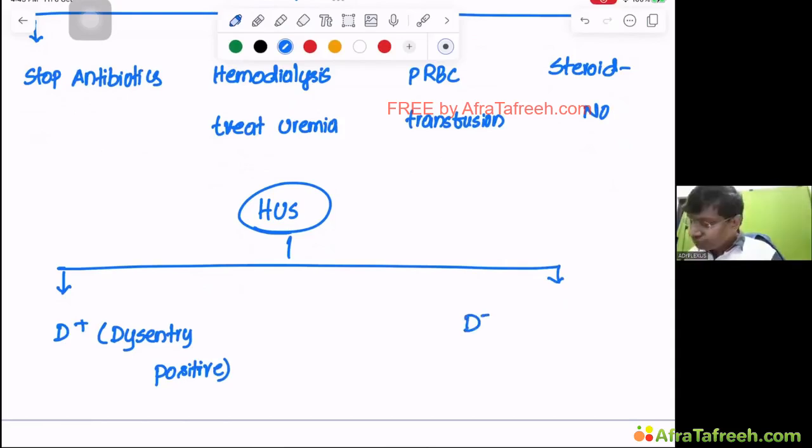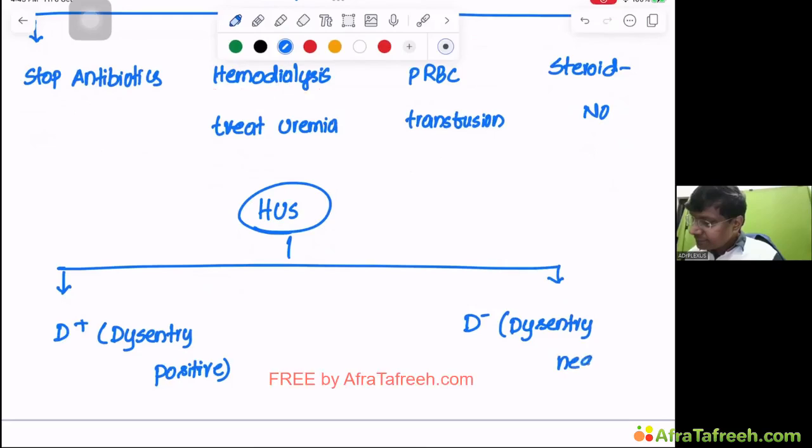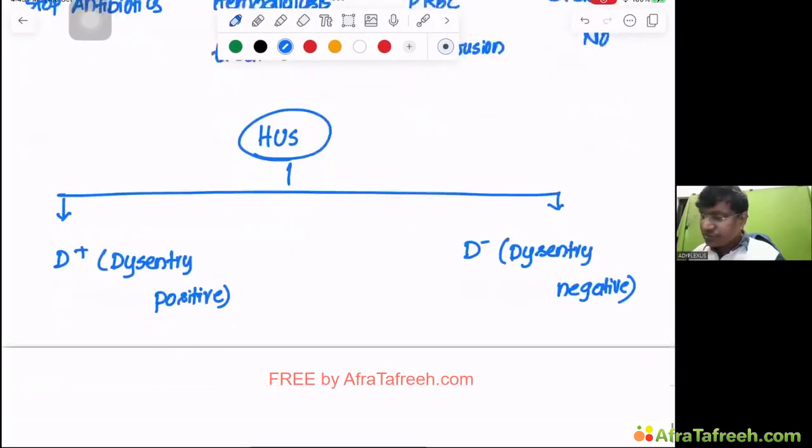The other one is D negative, that is dysentery negative hemolytic uremic syndrome.